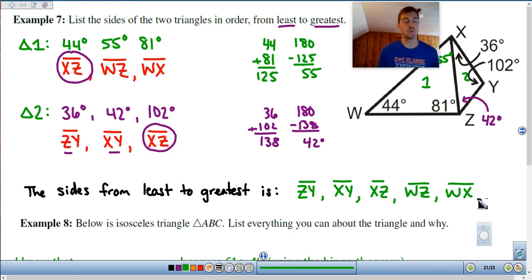And again, the only way we would be able to determine that is because we had the shared side. We had something that we could compare to. Otherwise, I wouldn't know about WX compared to these others.